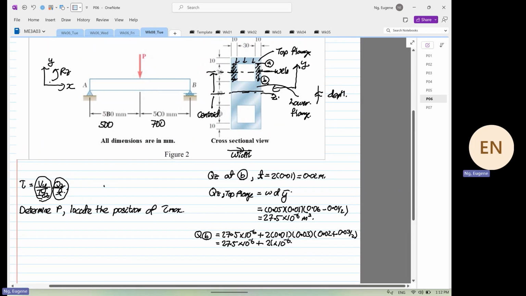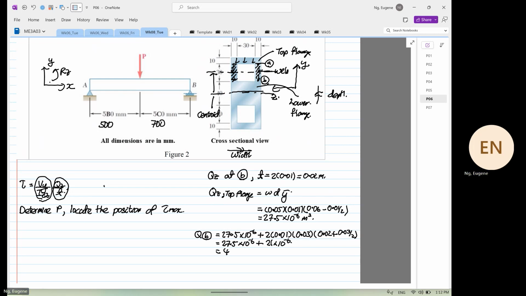So twice 0.01 times 0.03 times 0.02 plus 0.015. It's 21 times 10 to the minus 6. So this will be equal to 27.5 times 10 to the power minus 6 plus 21 times 10 to the power minus 6, which is 48.5 times 10 to the power minus 6 meter cube.